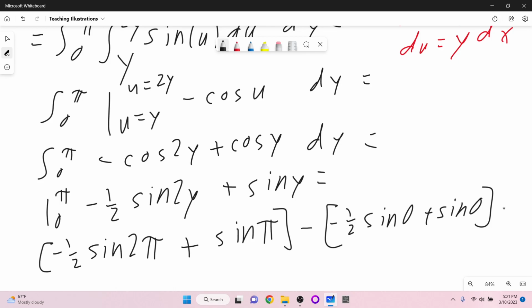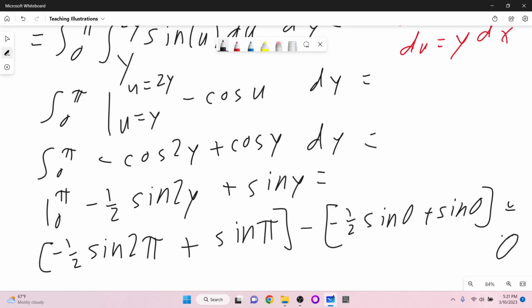Well, sine of any whole number multiple of pi is 0, so this whole thing comes out to 0. Okay, so that is how that example works. All right, we're going to keep going.